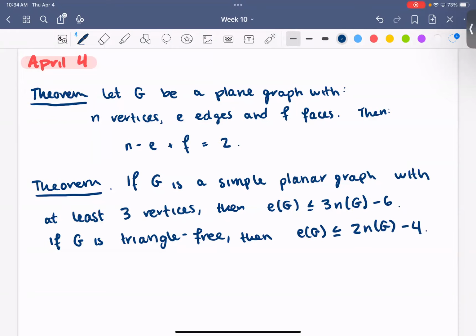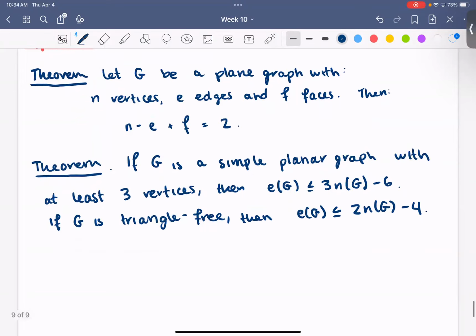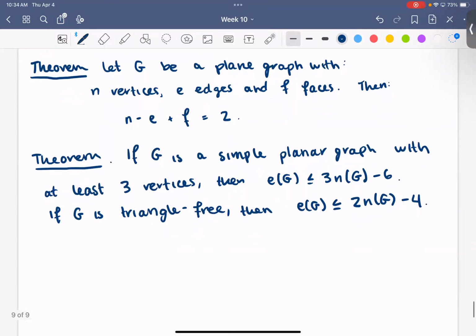This is going to be a corollary of Euler's formula, so we're going to have to use that in the proof. So let's prove this theorem. First, other questions about the statement?